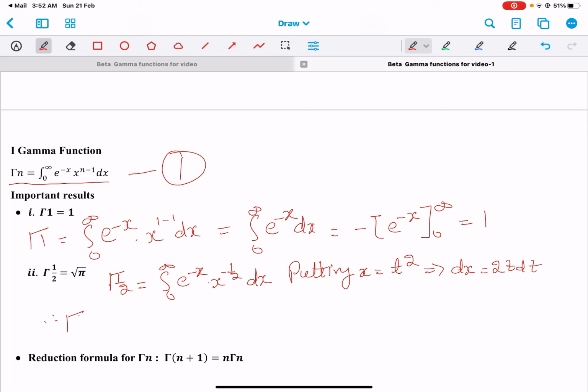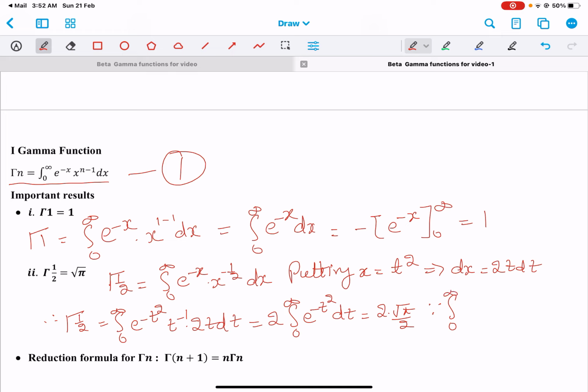Therefore, gamma half will be given by the integral 0 to infinity e to the power minus t square, t to the power minus 1, into 2t dt. This is nothing but twice the integral 0 to infinity e to the power minus t square dt, which is nothing but 2 into root pi by 2, because the integral 0 to infinity e to the power minus x square dx is given by root pi by 2.